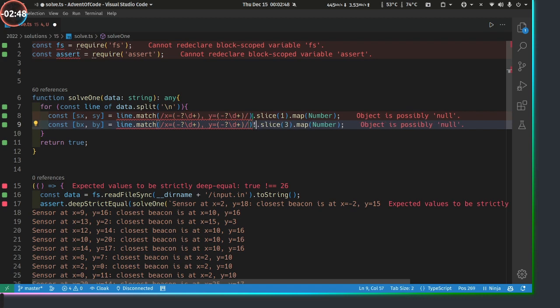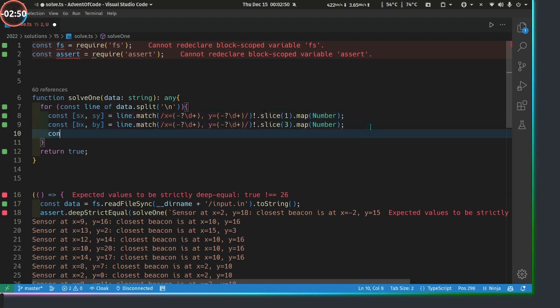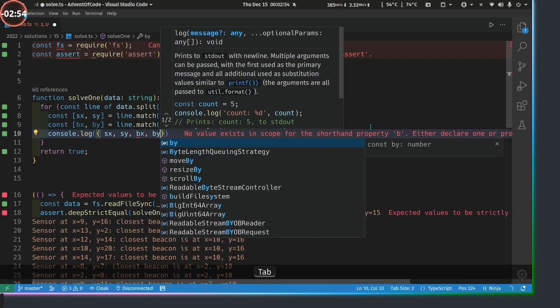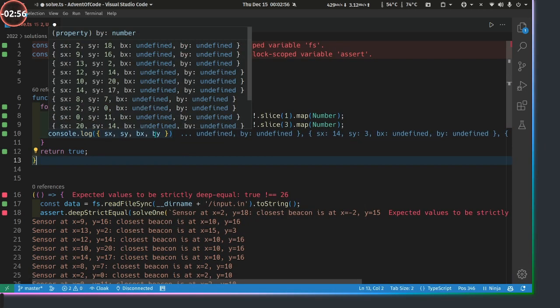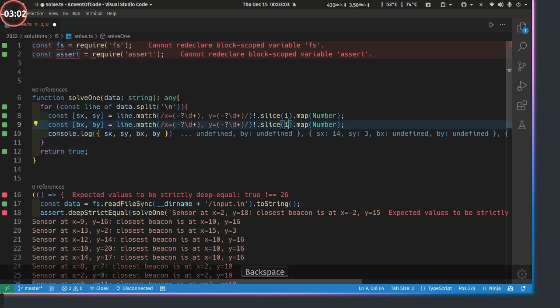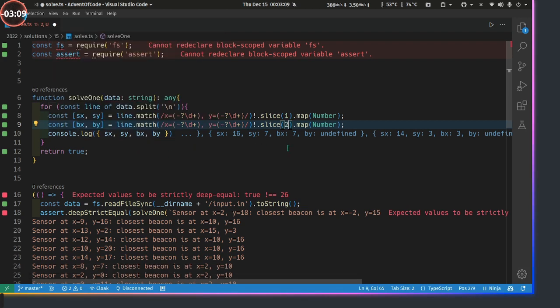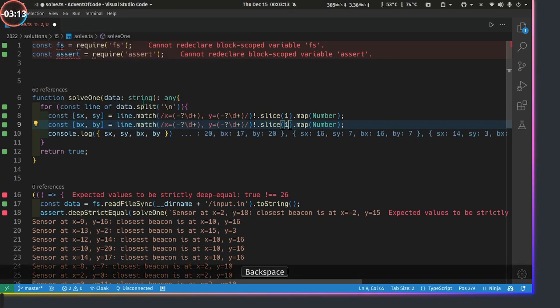Get on board, TypeScript. Make sure all these are being outputted. Great, they're all wrong. Now slice 1 or 2. There we go. Yep, that's not how it works.